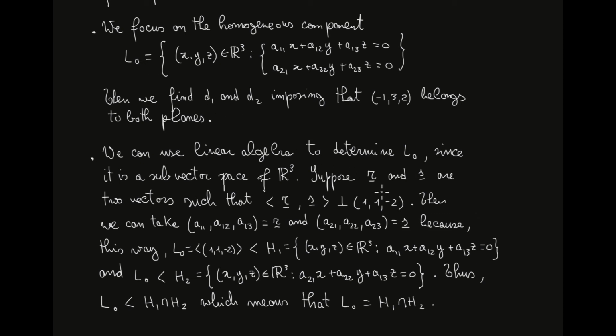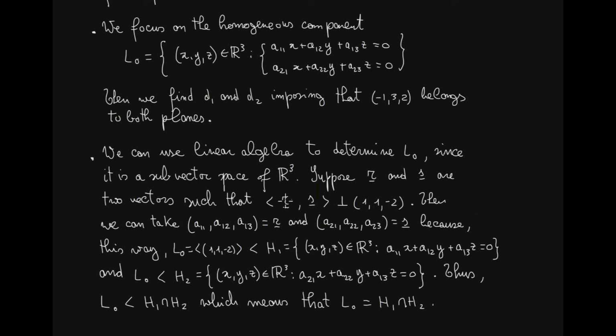In the example we stated before, we wanted to find a line parallel to (1, 1, -2) and passing through (-1, 3, 2). Thus, since L0 is the homogeneous component of our line, we can take L0 to be the vector space generated by (1, 1, -2).